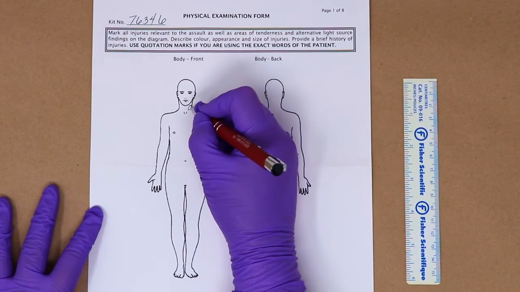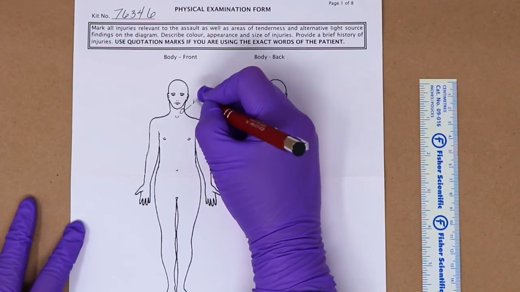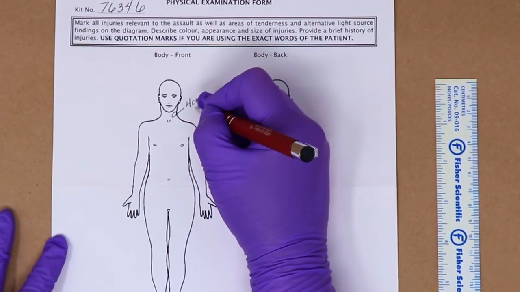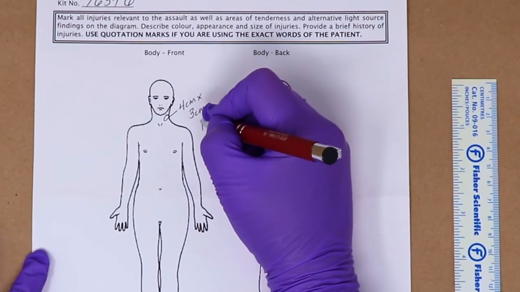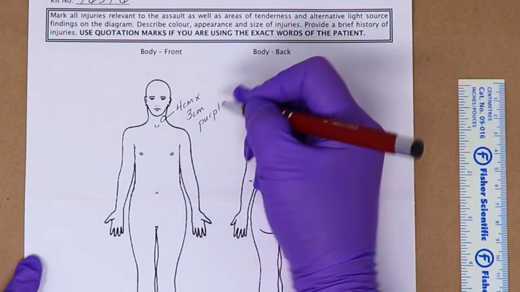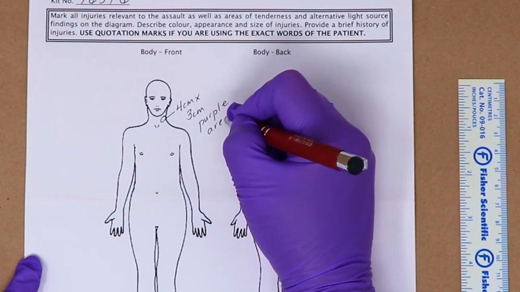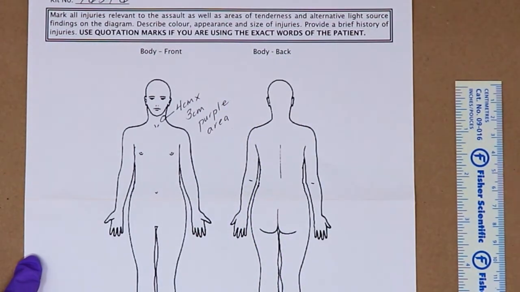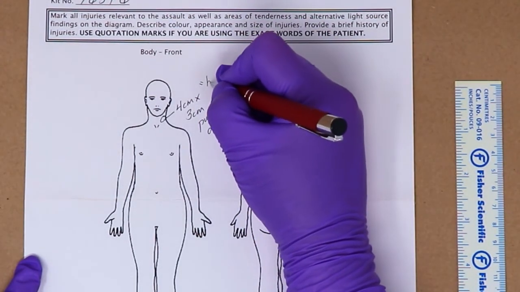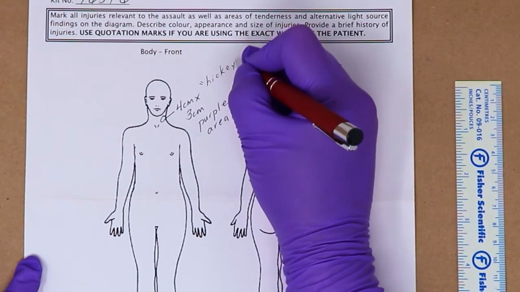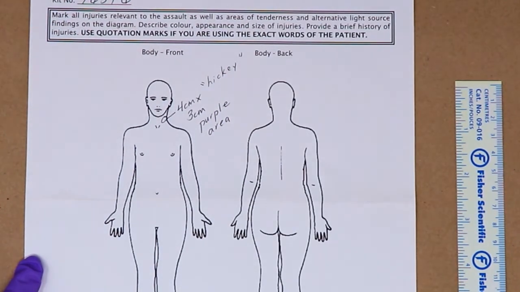If you're using the exact words of the patient, use quotation marks. Here we have an area on the left neck that is approximately 4 by 3 centimeters and is purple in color. The word "hickey" is placed in quotation marks as this is the exact word used by the patient.